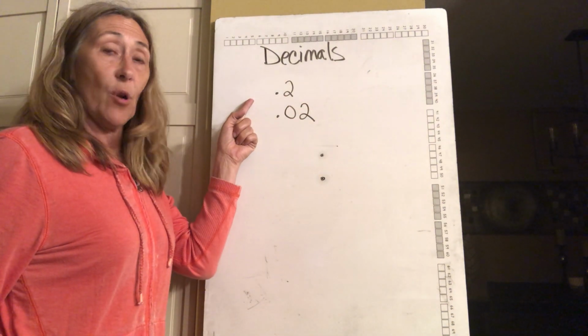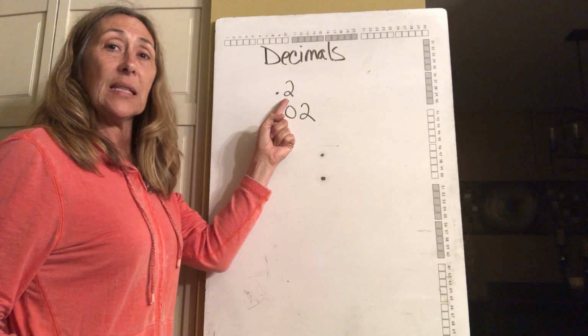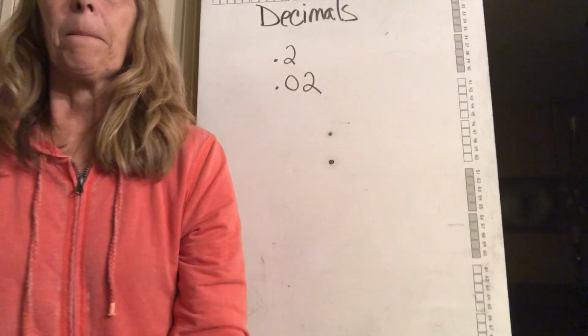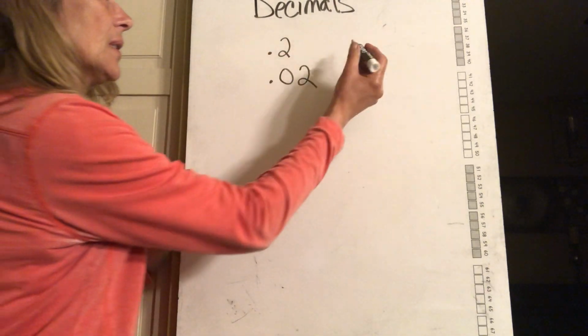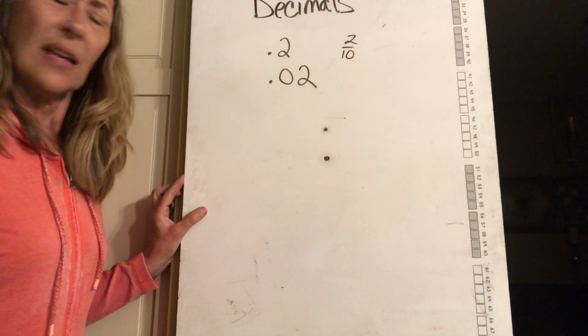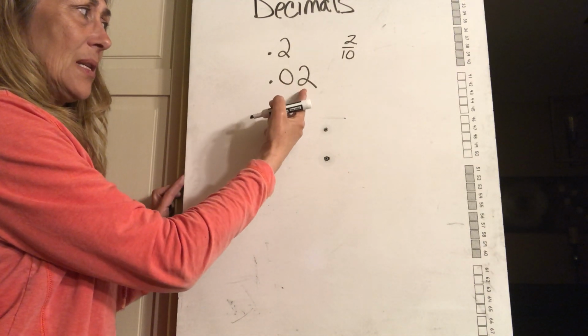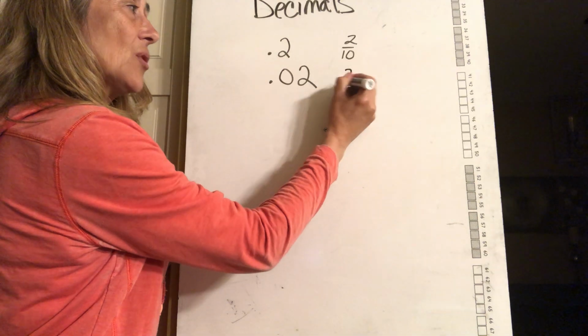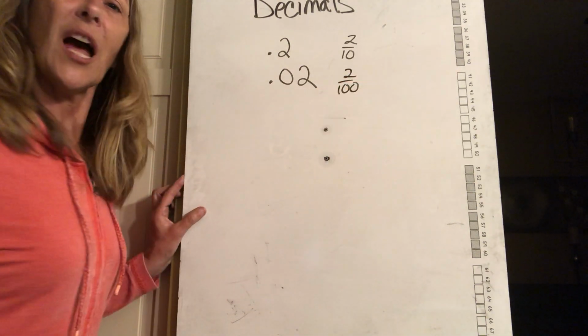Again, I have no wholes. This spot is the tenth spot. So this is 2 tenths. I would say that. And this one, nothing in the tenths. This is in the hundredths. So that's 2 hundredths.